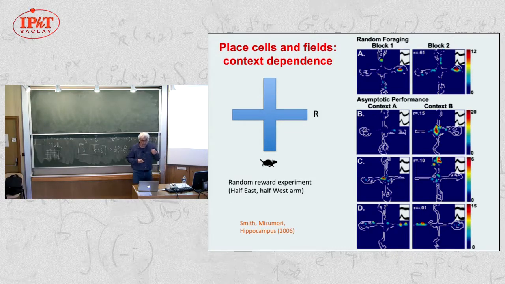That means the cell is not coding only for position, it's coding for position in a particular context. You can see that also here: these cells have different place fields depending on whether you measure their average activity across the first 10 or the next 10 trials. So it's getting more complex than simply coding for position.